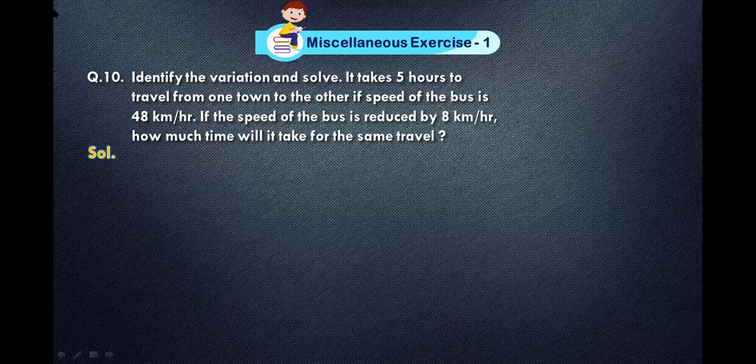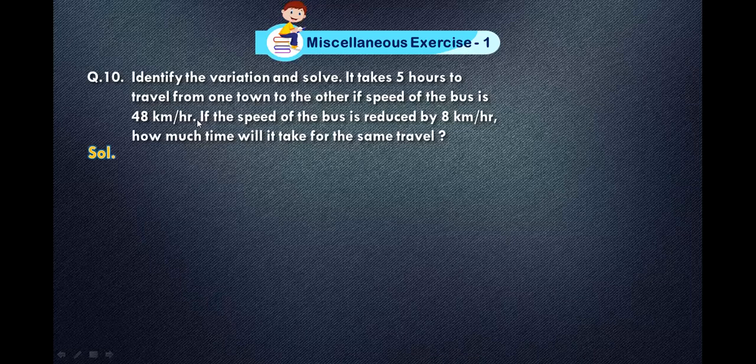Okay, students. Now we are on miscellaneous exercise number 1, question number 10. An interesting type of question. Identify the variation and solve. It takes 5 hours to travel from one town to the other if the speed of the bus is 48 kilometers per hour.